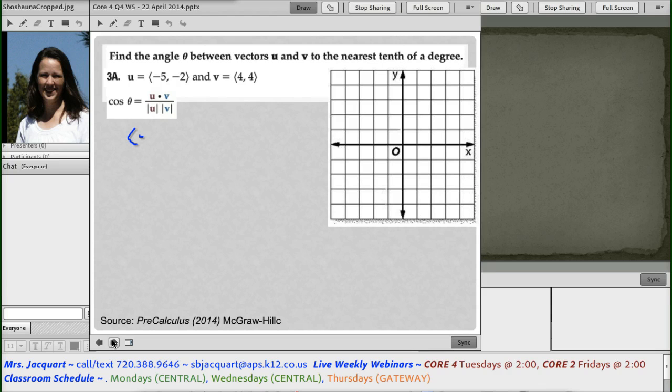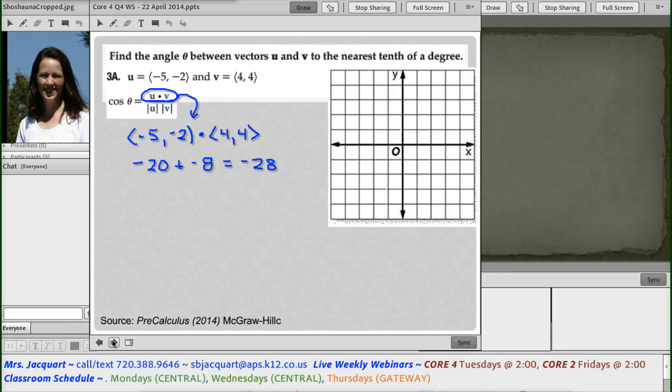Dot product of -5, -2 and 4, 4. Okay, so this is this component, and that's going to be -20 plus -8. So that equals -28.